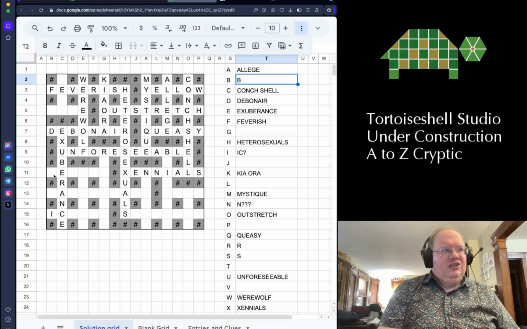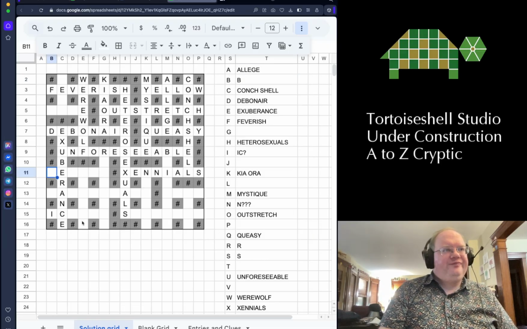All right. This could also be I Ching, which has some interesting wordplay things in it, like taking out the T from itching or inching, or adding an H to icing.